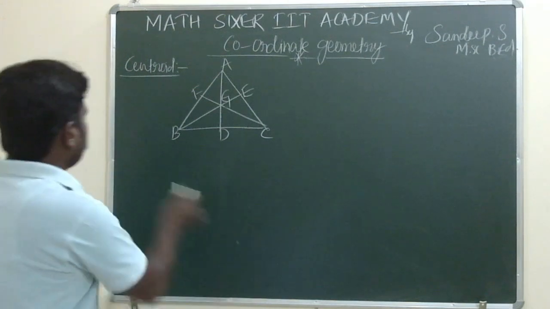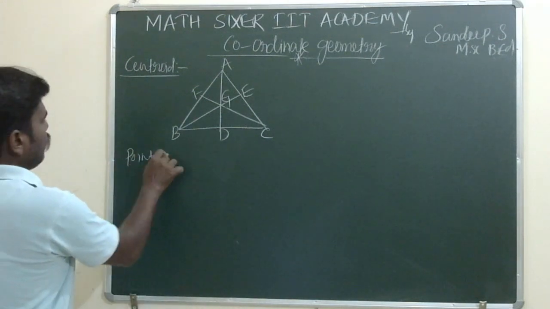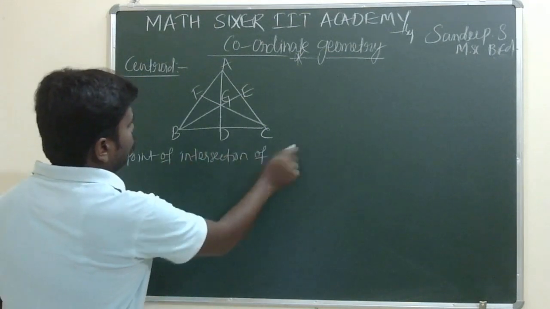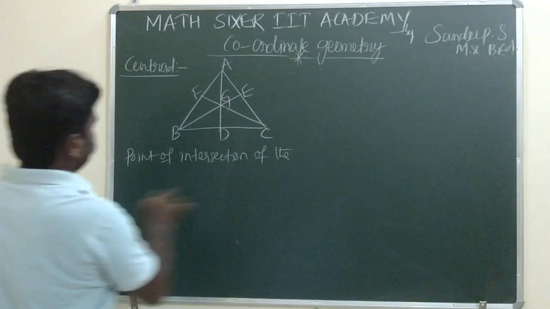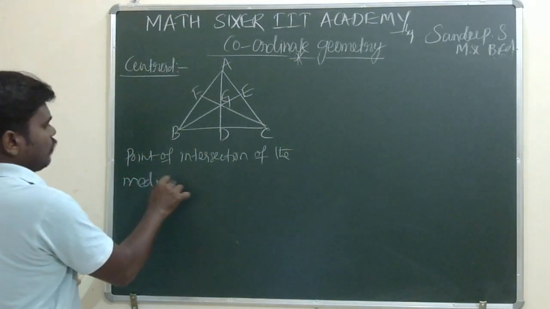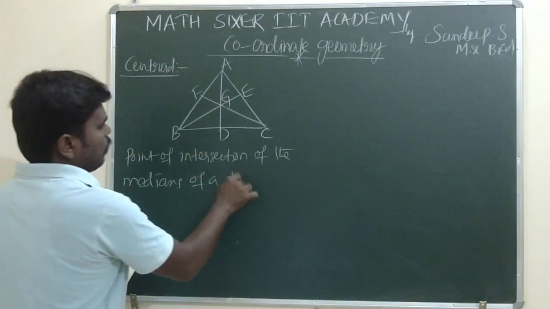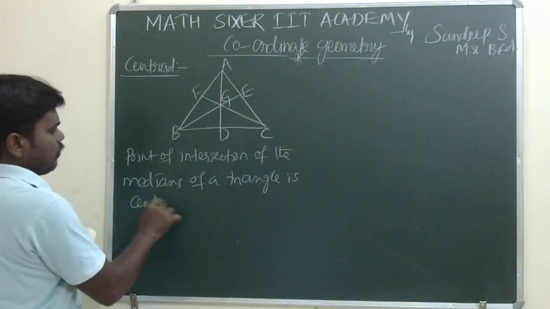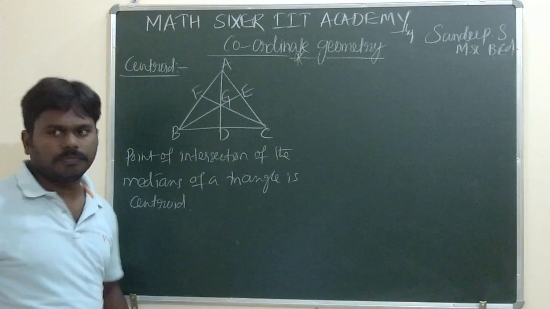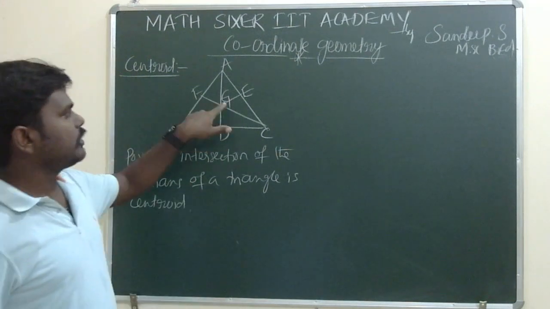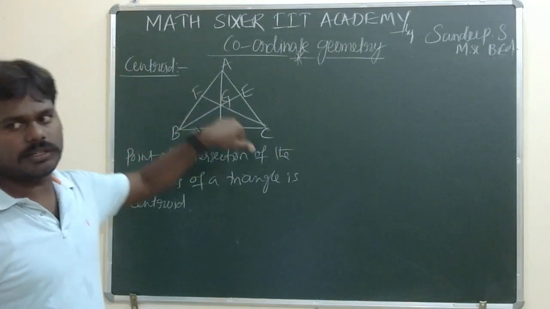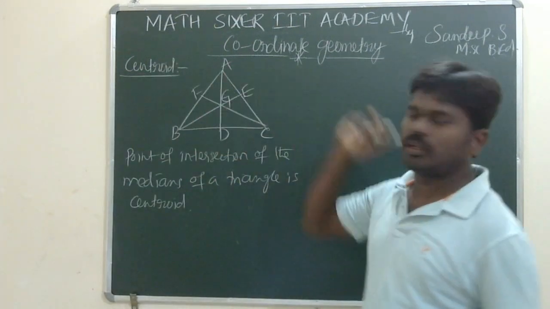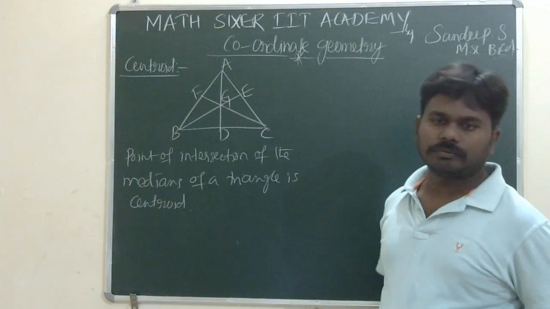That means the point of intersection of the medians of a triangle is the centroid. Simple. Okay. The point of concurrency of the medians is called the centroid. That also we can say, or simply the point of intersection of the medians is called the centroid.